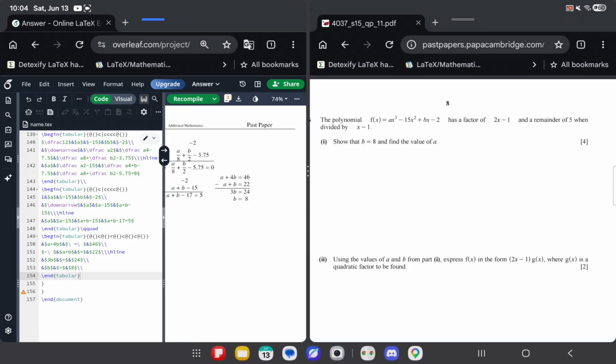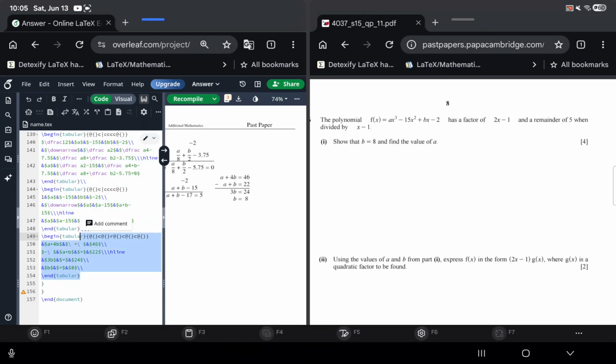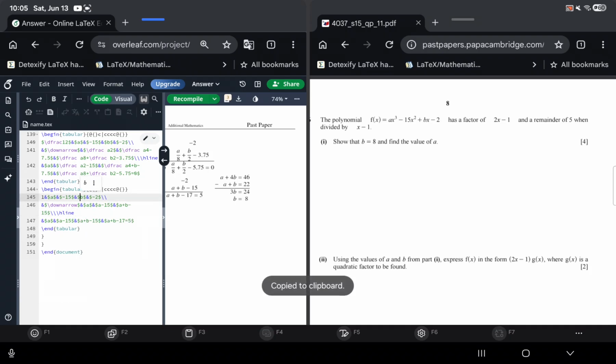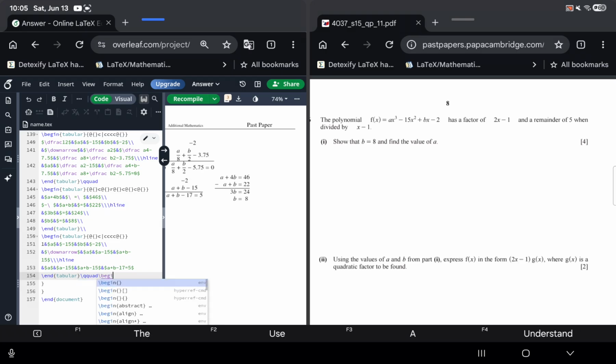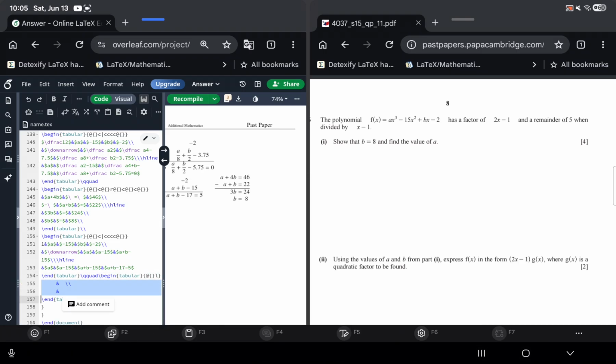Now that we have b is equal to 8, we have proven b is equal to 8, and finally we prove that a is equal to something.